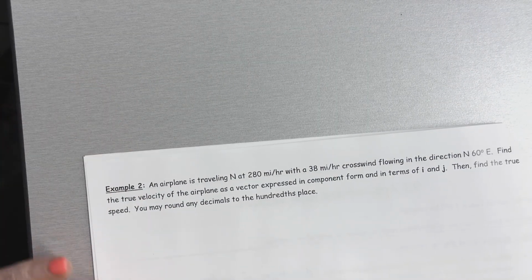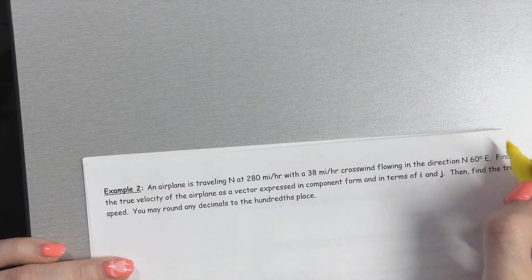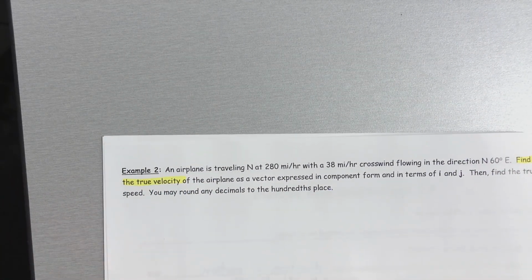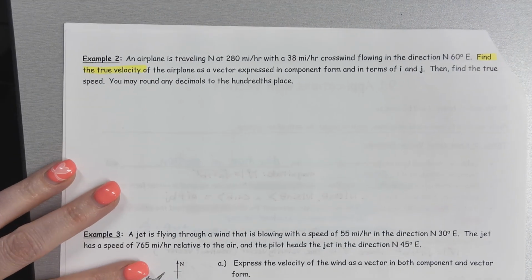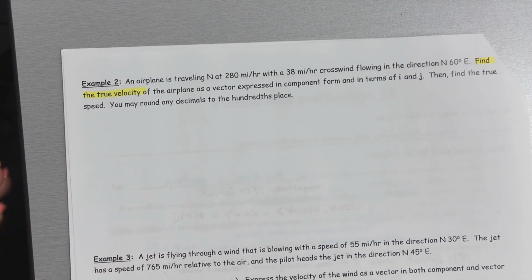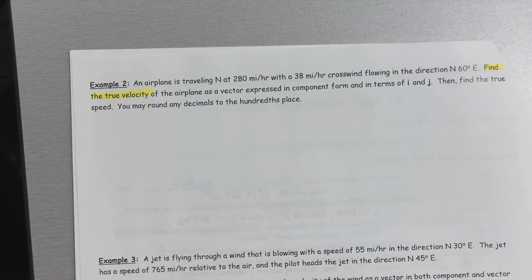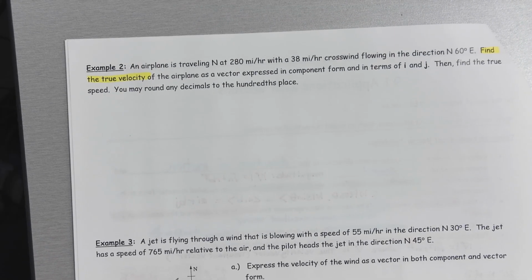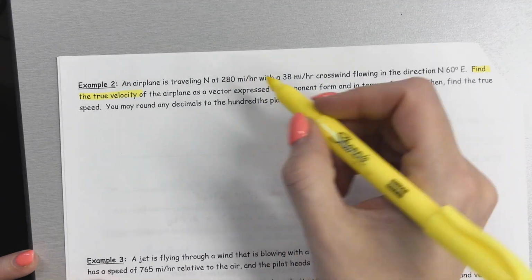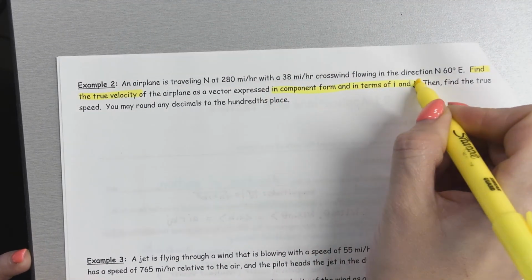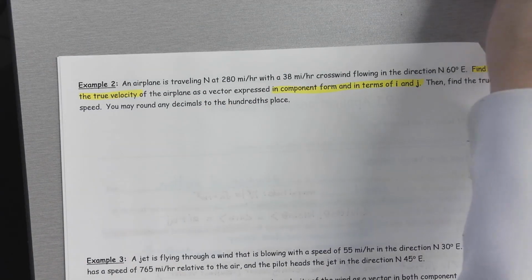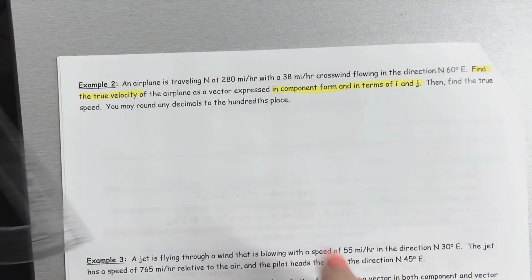Whenever they are asking you to find the true velocity, you are going to be finding that resultant vector, which is the velocity of the object plus the force. True velocity is the resultant vector, that is the sum. It says express it in component form and in terms of i and j, so we're going to express it in both forms.